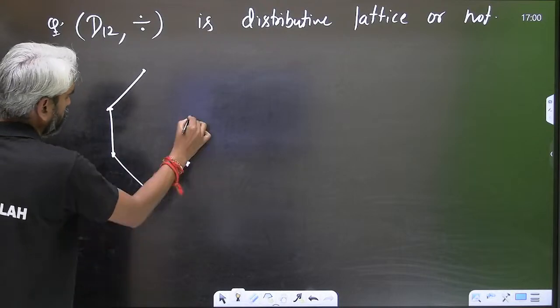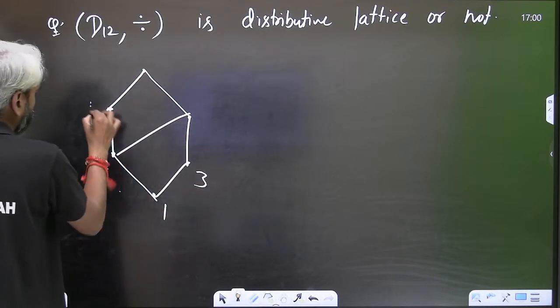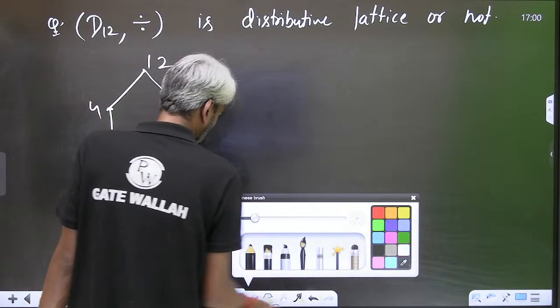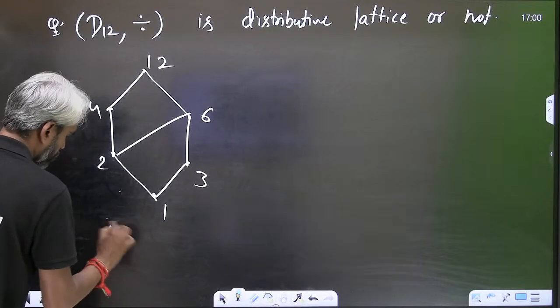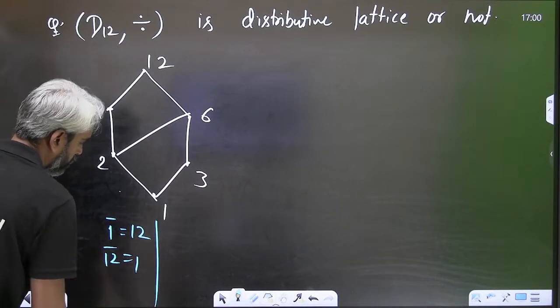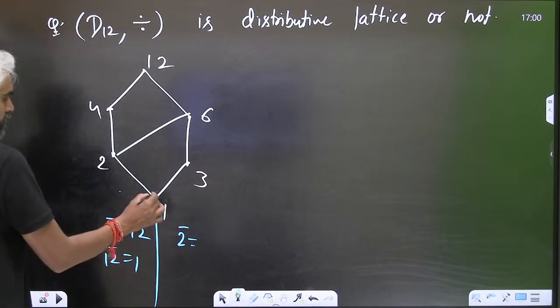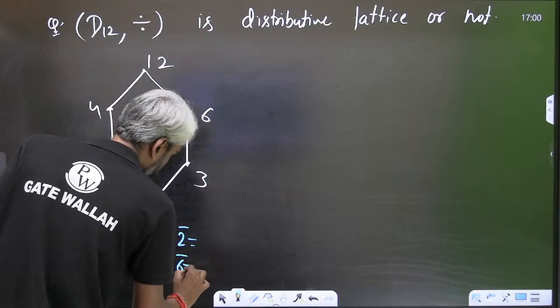Don't worry. 1, 2, 12. So 1's complement is 12, and 12's complement is 1. 2's complement does not exist. 6's complement does not exist.